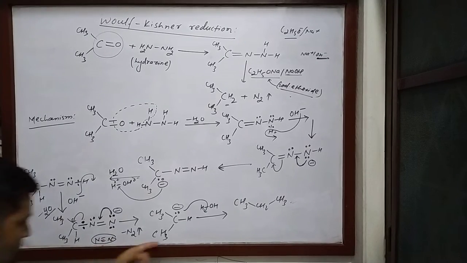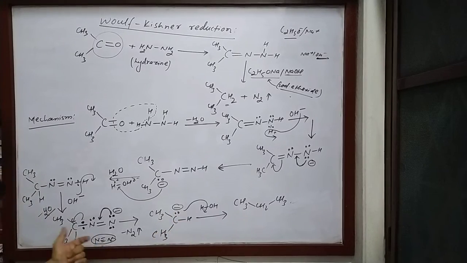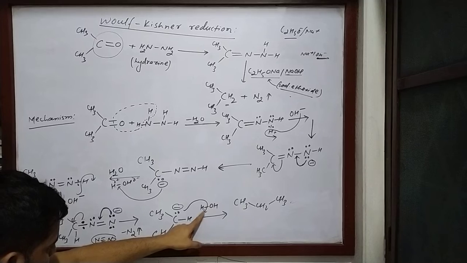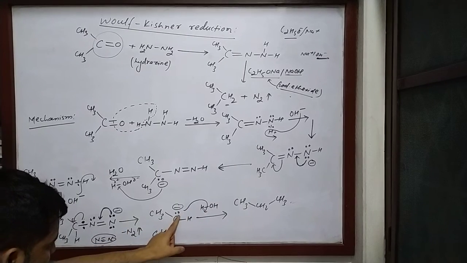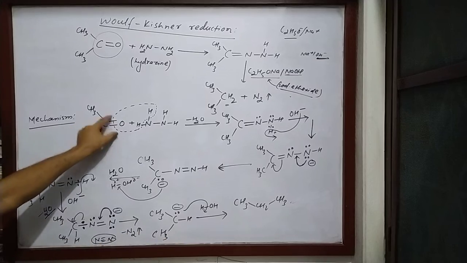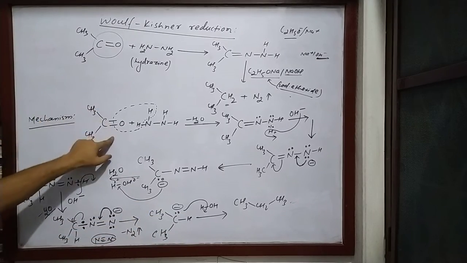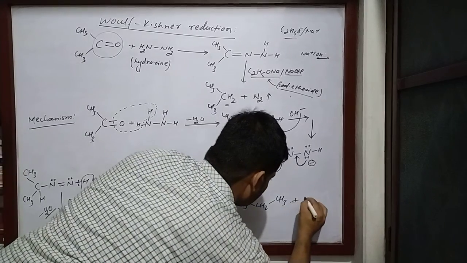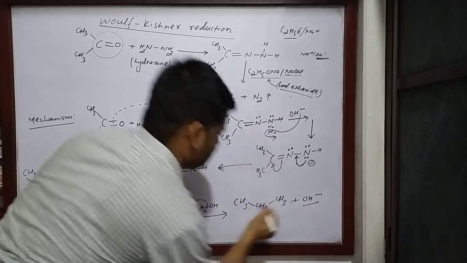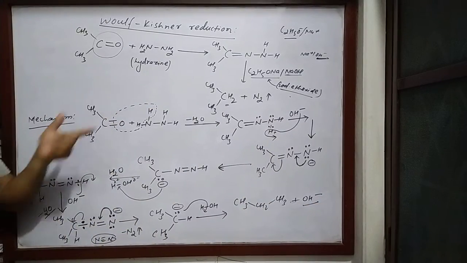In the next step, when the carbon gets a negative charge, this carbanion withdraws one hydrogen, H+, from the water molecule to give the CH2 group. That means the CO group changes into CH2, and there is reduction of the carbonyl compound into a hydrocarbon, with OH- as the next byproduct. This is the Wolff-Kishner reduction.